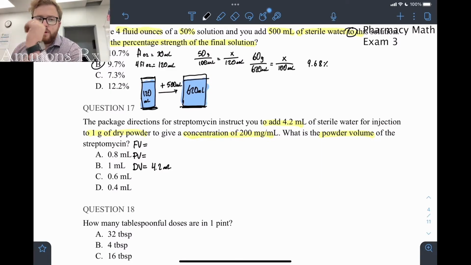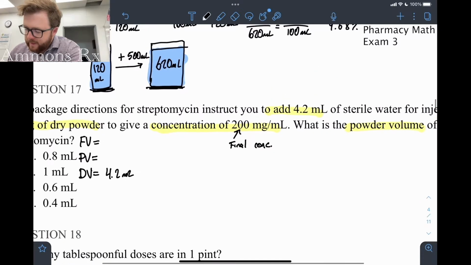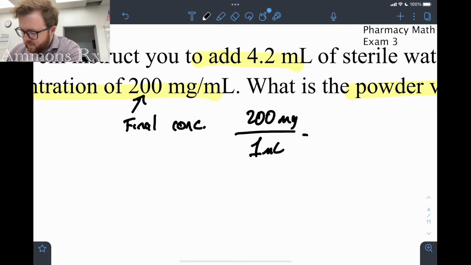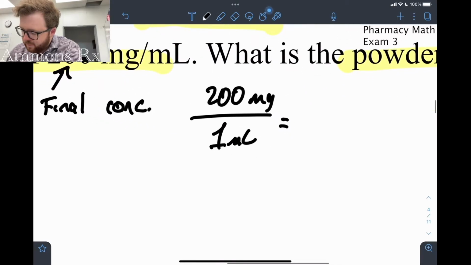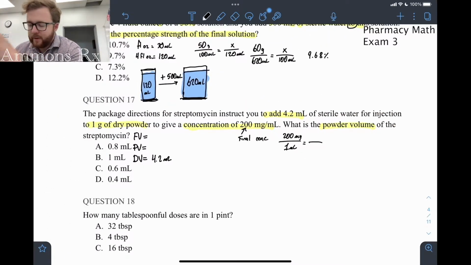So just like on the previous problem, when we had a final concentration, that is going to connect to our final volume. So our 200 milligrams per 1 ml is going to link directly to our final volume because we only have so much drug.